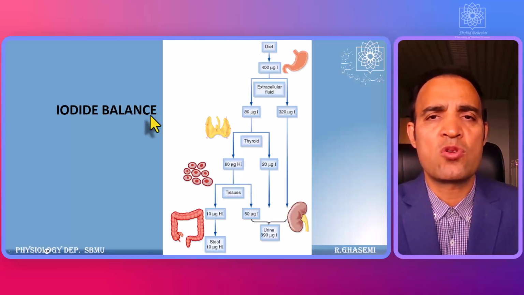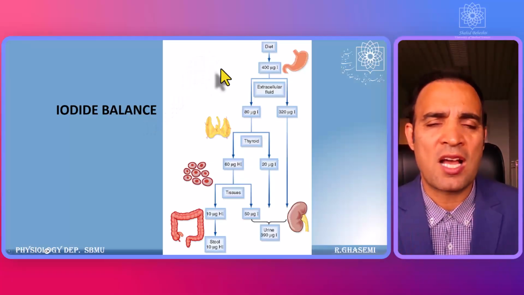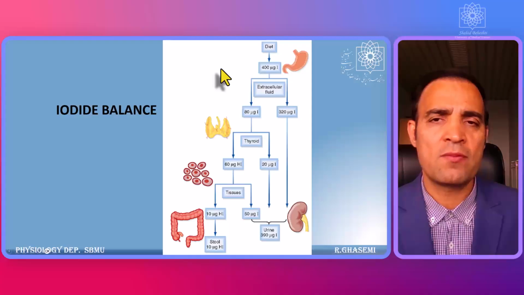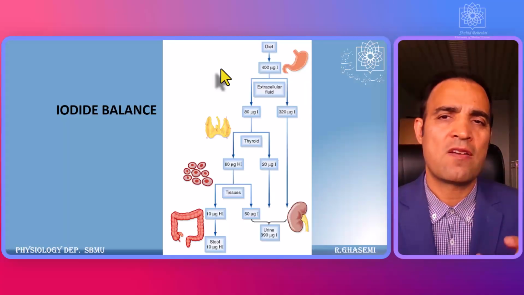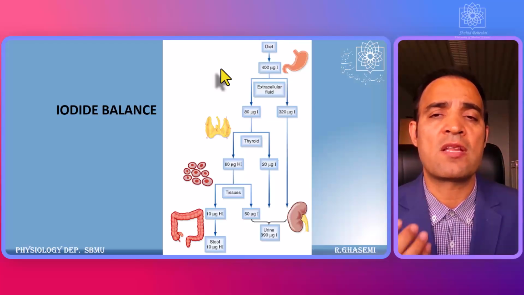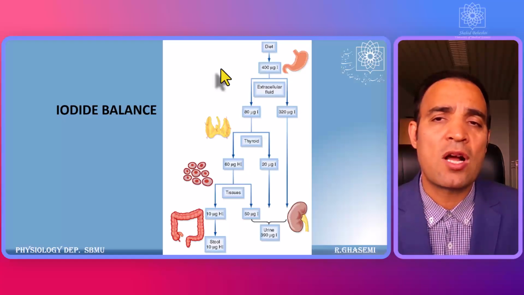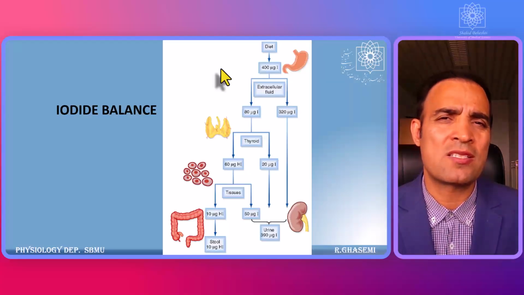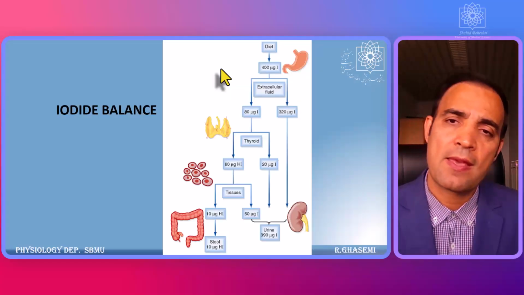If I want to show you the iodide balance in everyday life, from the different sources of our food we take in about 400 microgram of iodide every day. You know that this is less than half a milligram.